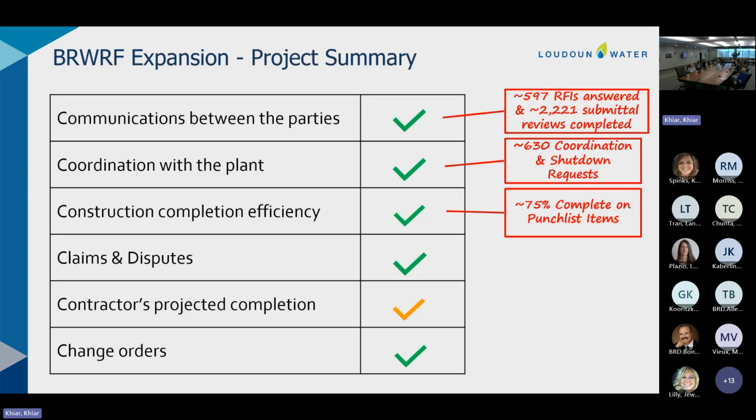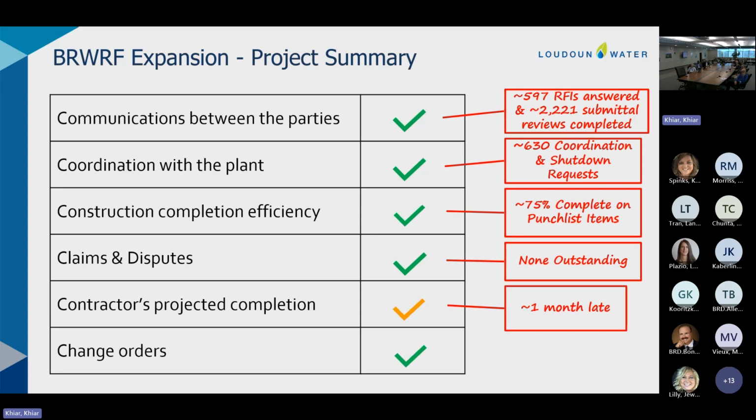So we're still looking very good in terms of the percent complete and staying on top of those final completion items. And we don't have any outstanding claims that we've not been able to resolve. We're still tracking to be approximately a month late or so, and still at 14 executed change orders.